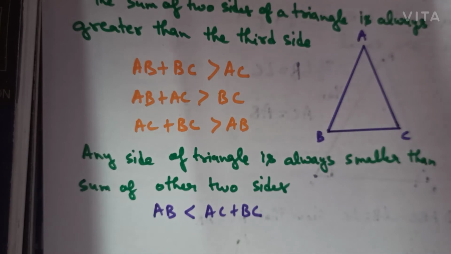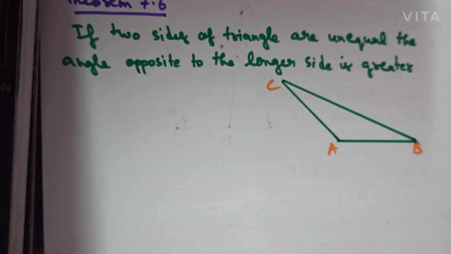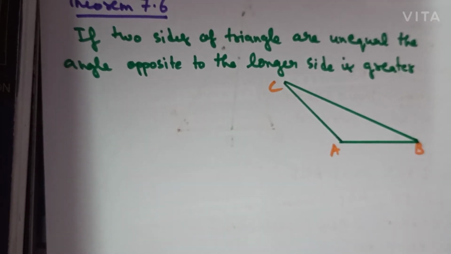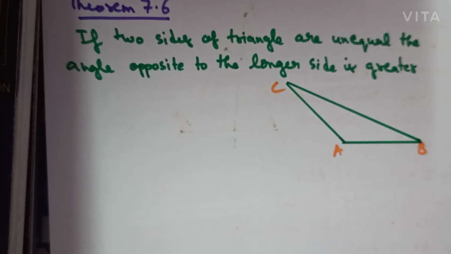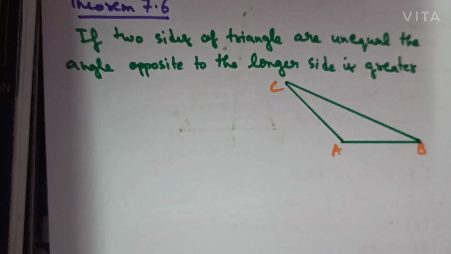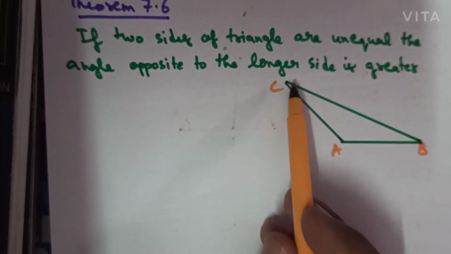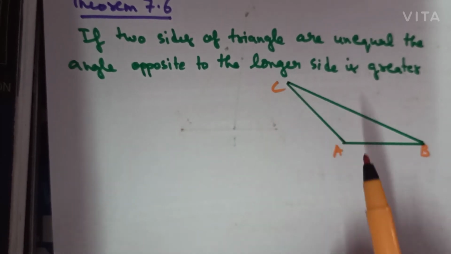Now the next theorem, theorem 7.6, states that if two sides of a triangle are unequal, meaning the two sides of the triangle are not equal to each other, then the angle opposite to the longer side is greater. So clearly here you can see that side BC is greater than side AC.